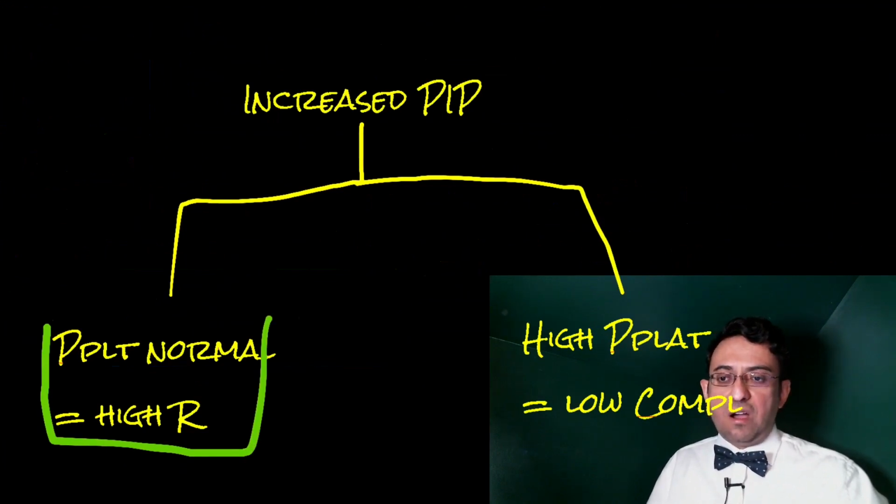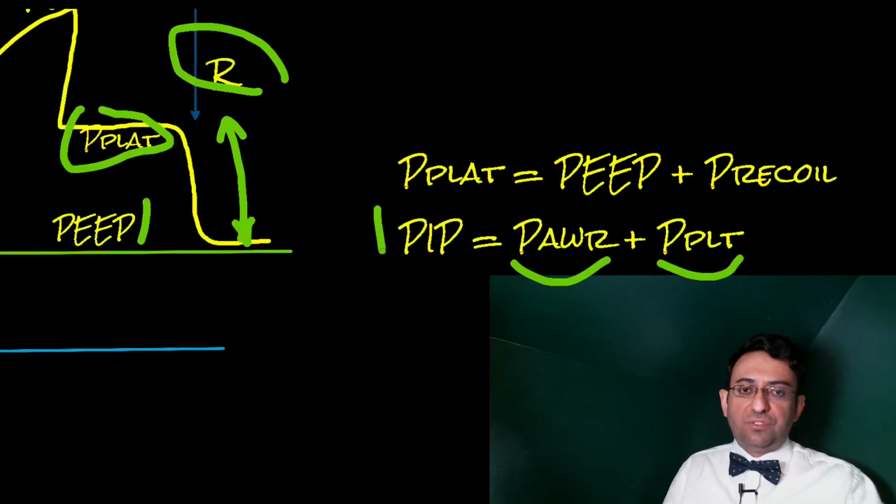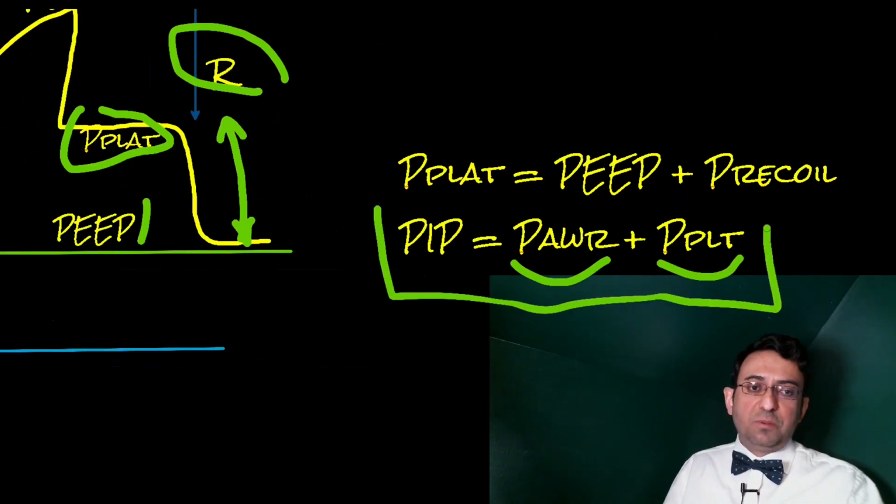The other is the conditions associated with high plateau pressure. Again, look at this formula here. If peak inspiratory pressure is increased, it's either due to airway resistance or it's due to plateau pressure. But if plateau pressure is normal, it's necessarily due to airway resistance.